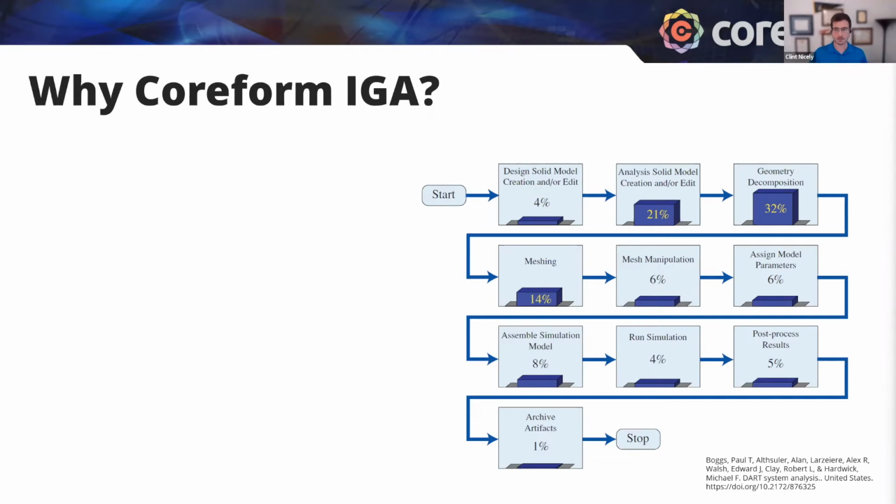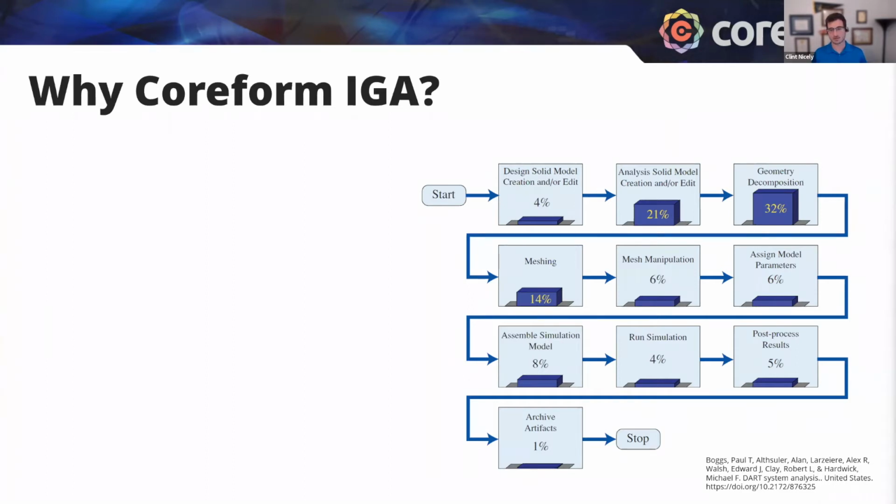So here on the screen, we have a flow chart that demonstrates how much time is spent within a particular activity in a finite element analysis. You'll notice that there is a big chunk of time spent on model creation, geometry conditioning, geometry decomposition, and meshing.